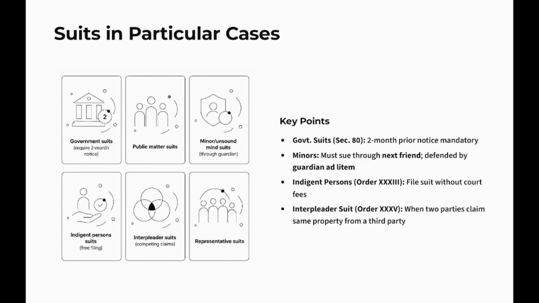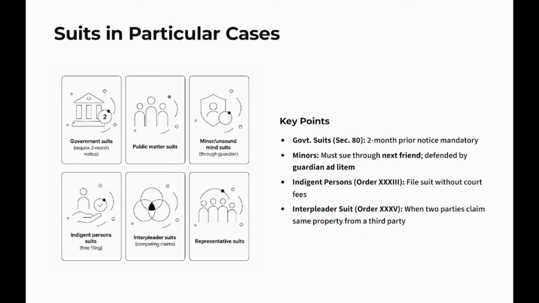They sue through a next friend, an adult representing them, and are defended by a guardian ad litem. Poor person, that is the indigent person: this order says they can file a case without paying court fees if they prove they cannot afford it. This is in Order 33.